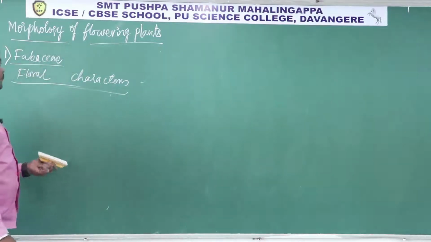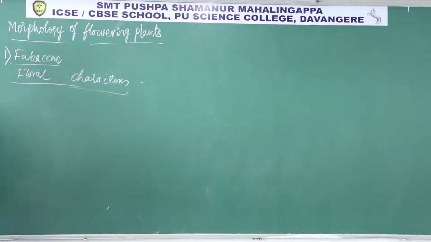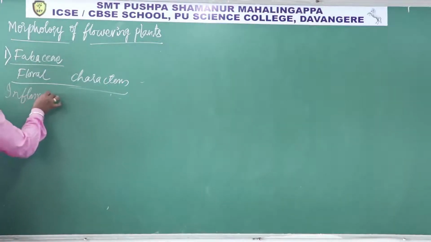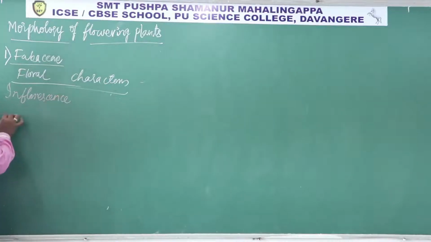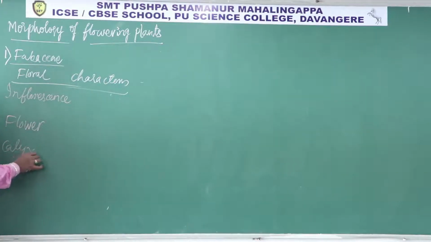Okay, so floral characters include inflorescence, then the individual flower, then calyx character, then corolla character, then androecium and gynoecium.